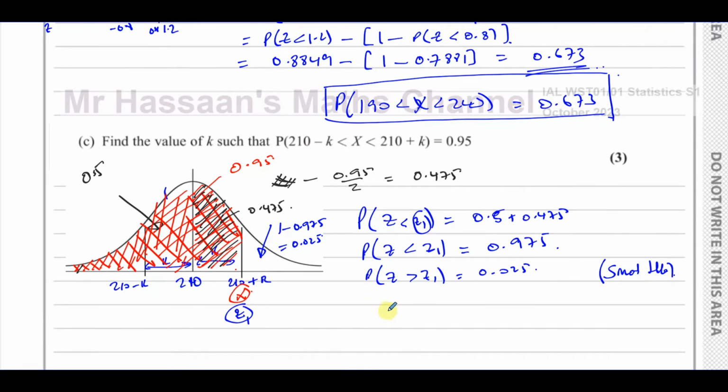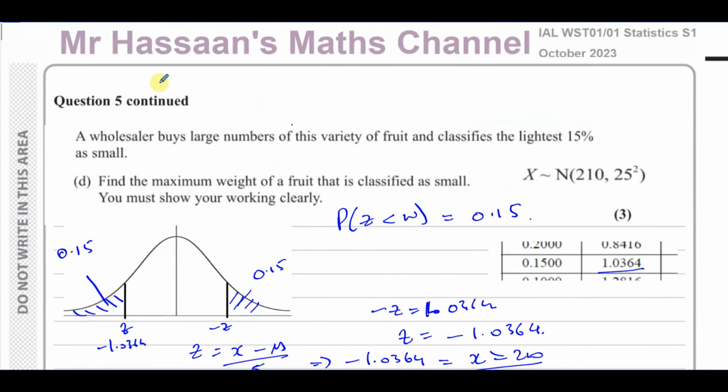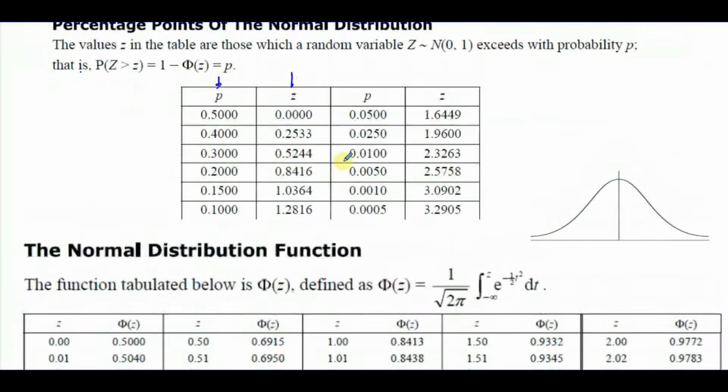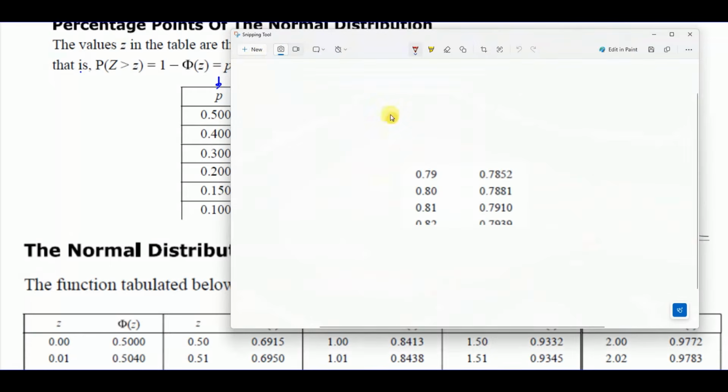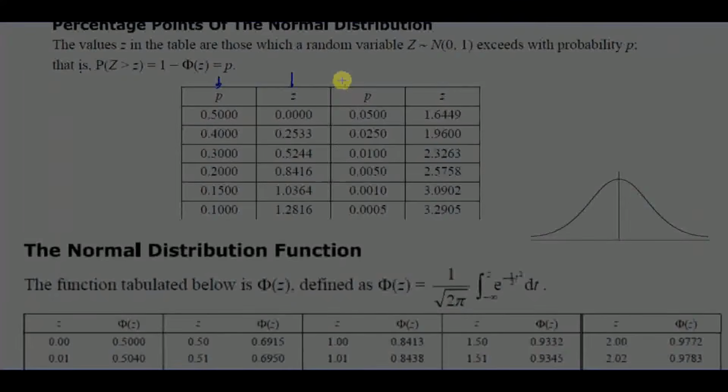So the z value for that is going to be equal to, if we go to our table, over here, we will see here the z value for 0.025 is over here. So this is what we're going to use.